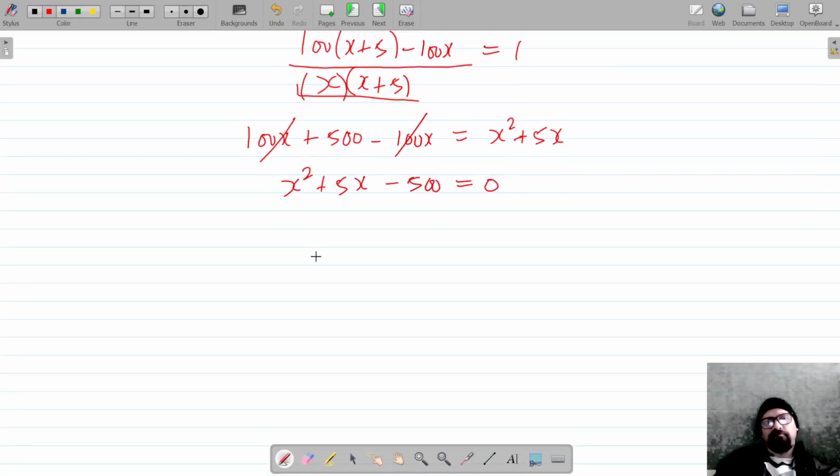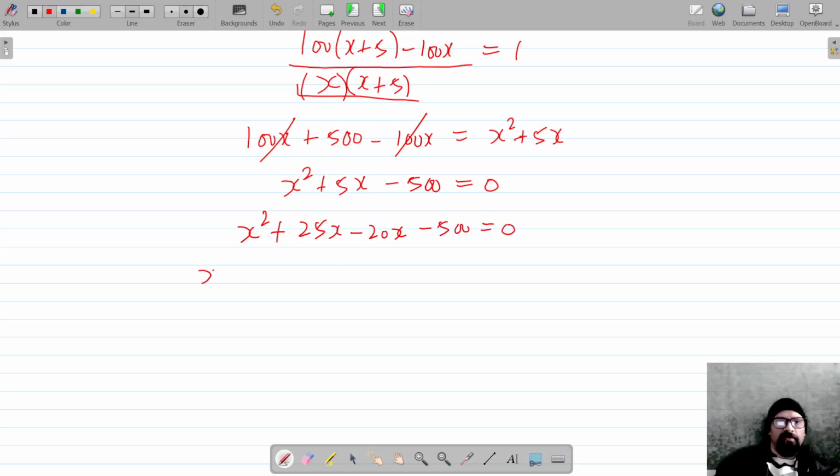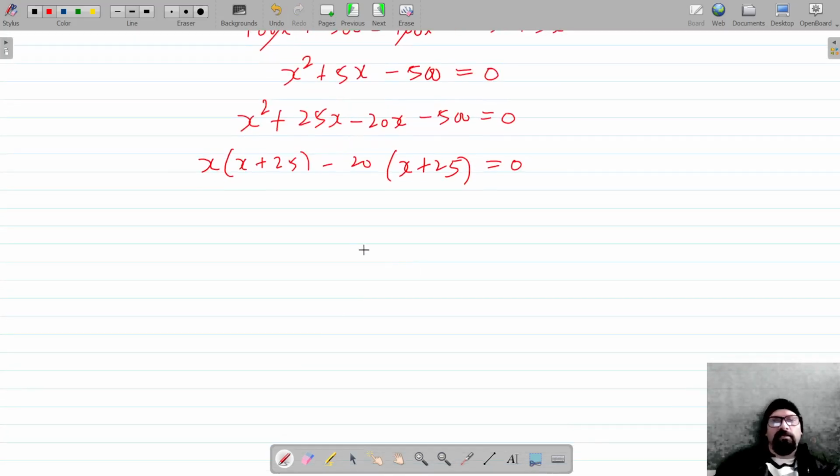Now, let's try to solve this quadratic equation, and we know that 25 into 20 is 500. So this is x squared plus 25x minus 20x minus 500 is equal to 0.